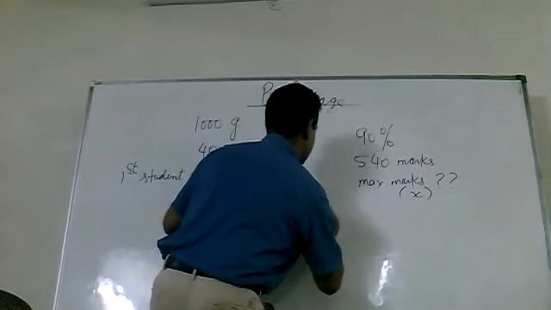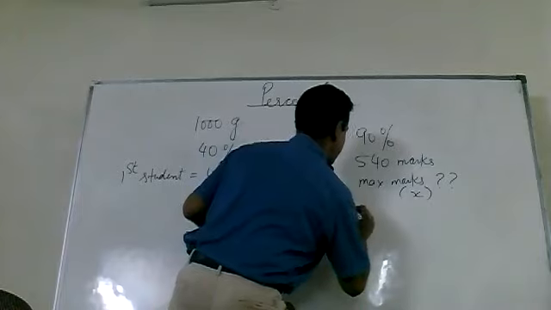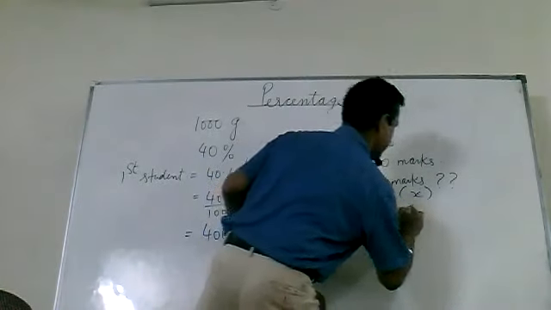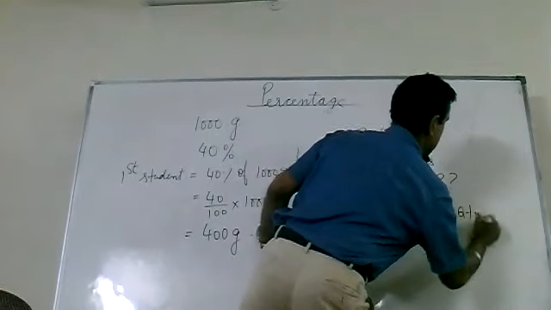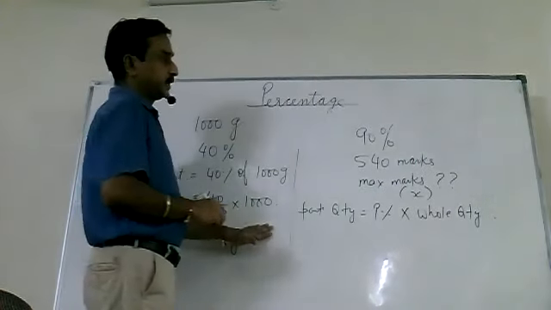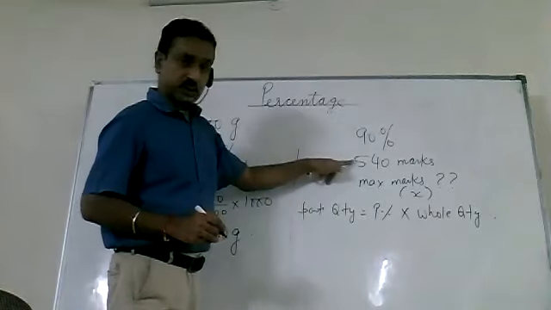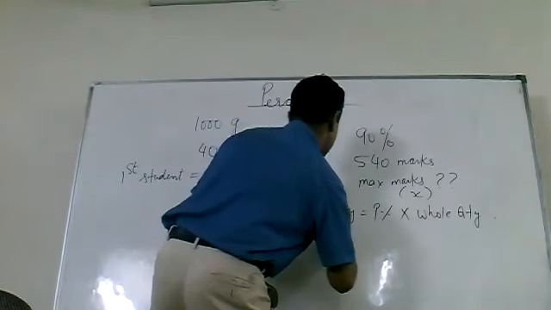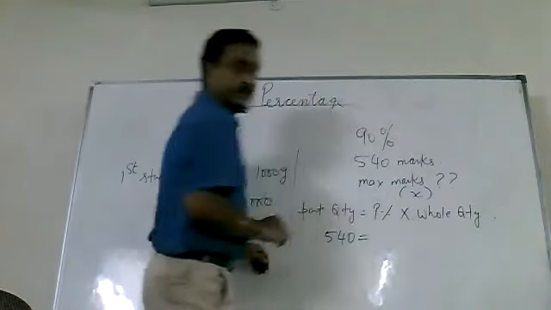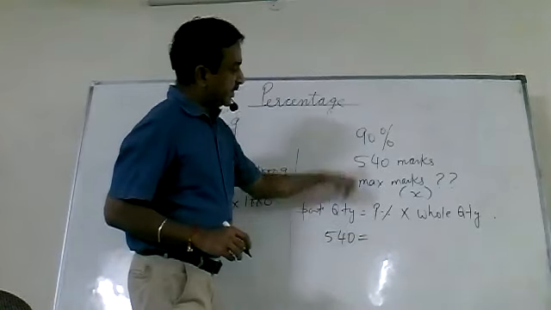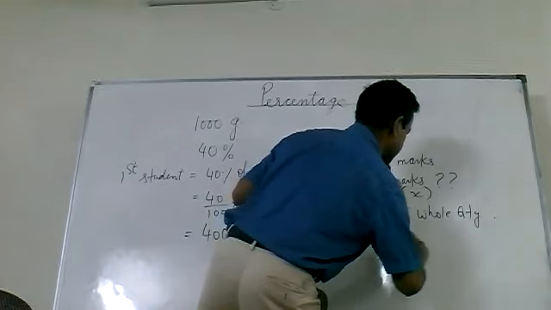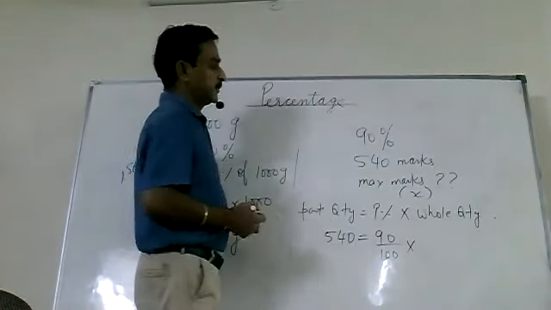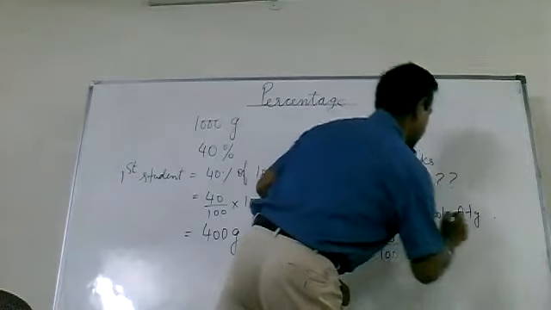As we learned the formula, part quantity is P% into the whole quantity. In this particular question, we got 540 marks, so that is the part quantity. P%, he got 90%, so I write 90%. Now you know that 90% can be written as 90 by 100 into the whole quantity.